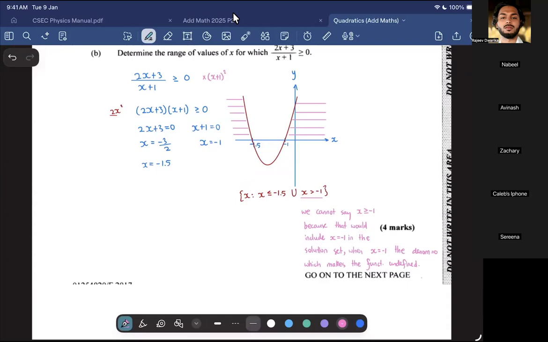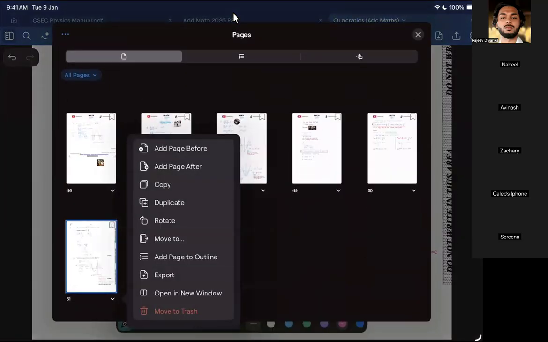Now we're going to move on to some other things you need to know when dealing with sum and product of roots. Let's keep marching on.